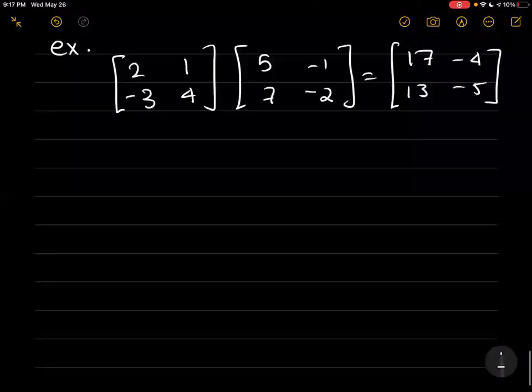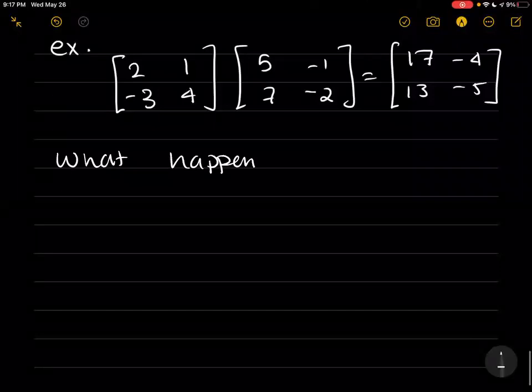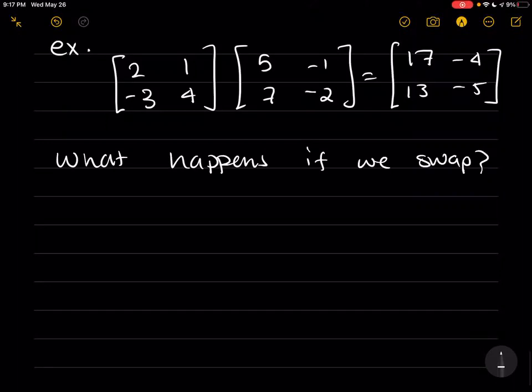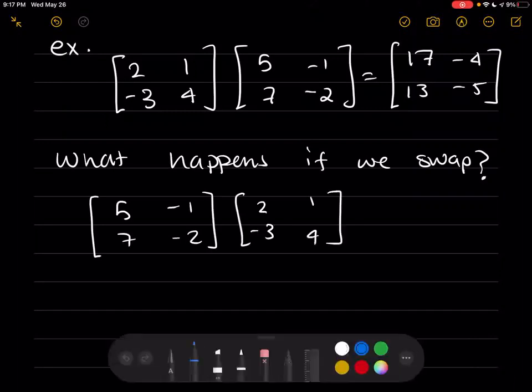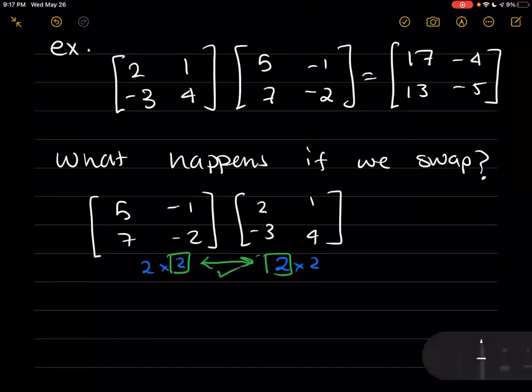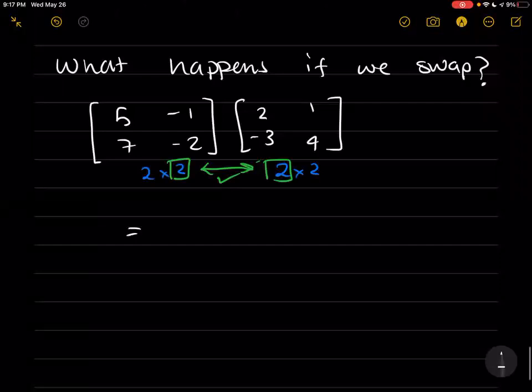Let's do the matrix multiplication 5, -1, 7, -2 times 2, -3, 1, 4. These are still both 2 by 2s, right? So this multiplication still makes sense, so we're still good to go. But let's go ahead and do it out and see what happens.